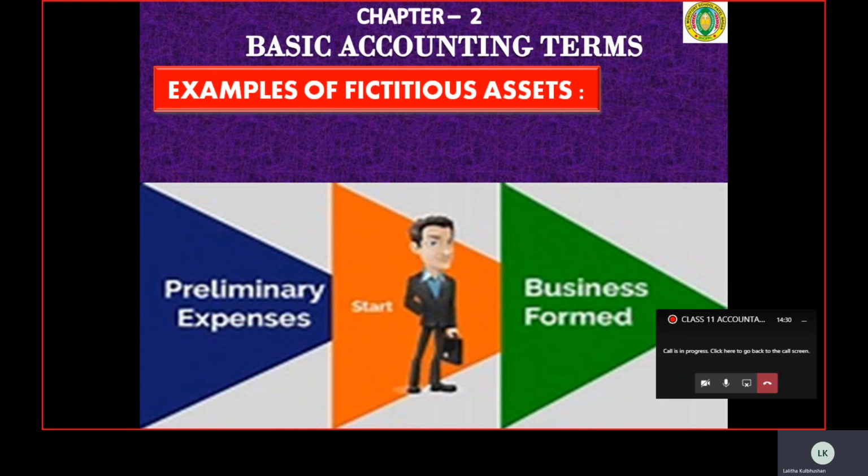Therefore, we cannot expect this whole expense to be adjusted from a single year's profit. This is the reason it is divided into coming years. If I say 4 years, it means the first year's 5 lakhs profit, the second year's 5 lakhs profit, the third year's 5 lakhs profit, and the fourth year's 5 lakhs profit.